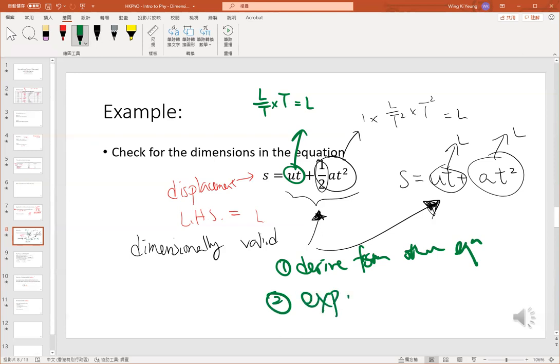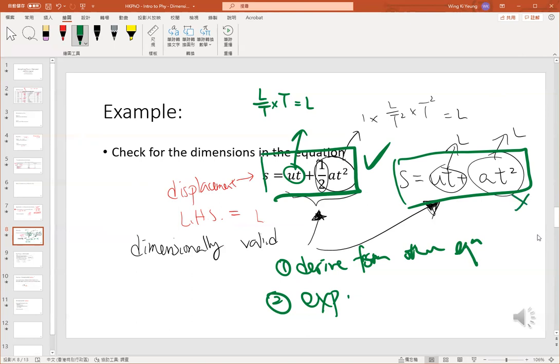So in this case, actually, the first one is correct, and this one, although it's dimensionally valid, is not a correct formula. So dimension analysis is quite powerful for you to check the formula.